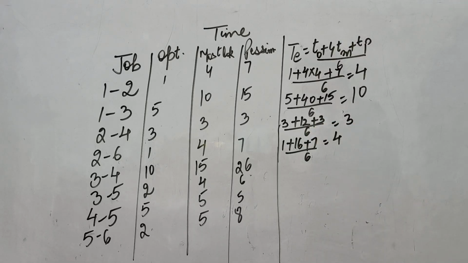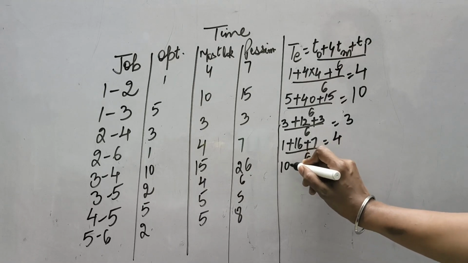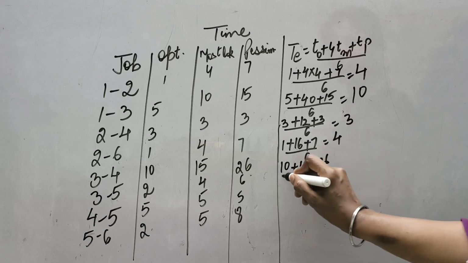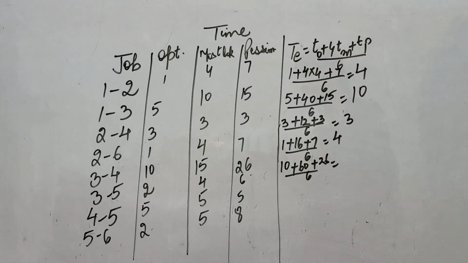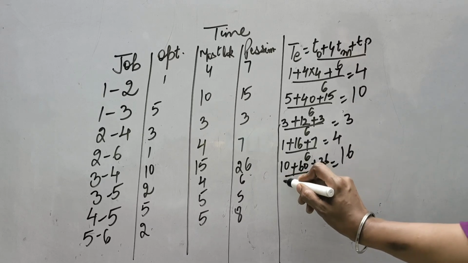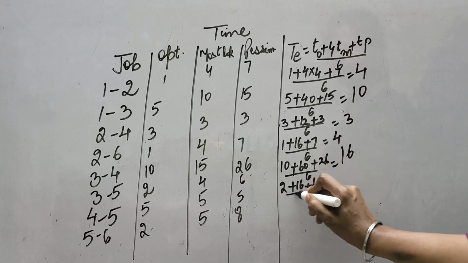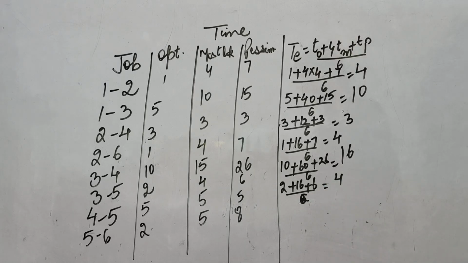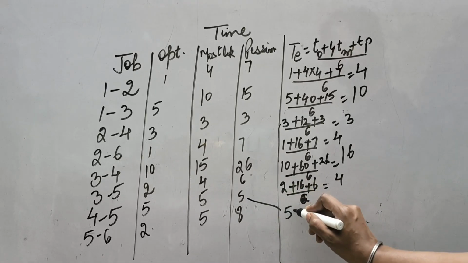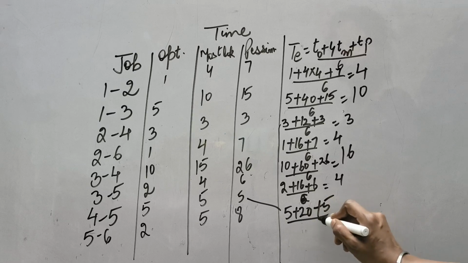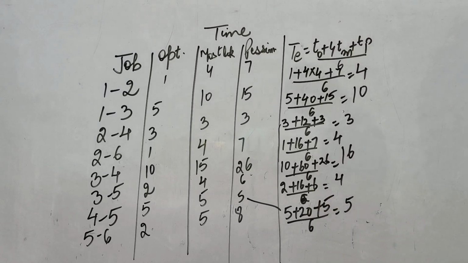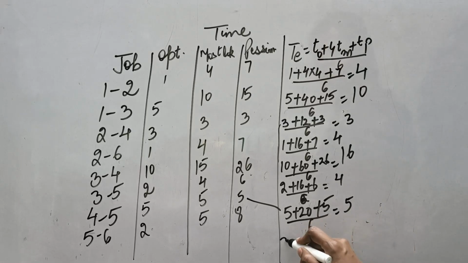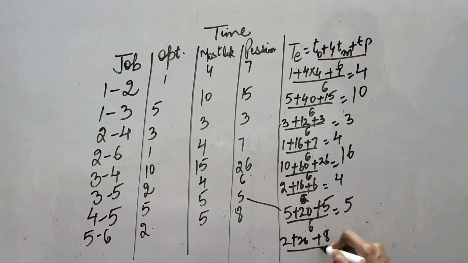It comes out to be 4. Next is 10, 60, 26 divided by 6. This is 16. And next is 2, 16, 6 divided by 6. It is 4. Next will be 5, 20, 5 divided by 6. It comes out to be 5. And the last one is 2, 20 and 8 divided by 6. It again comes out to be 5 for the last. So this is how you will be calculating the expected time.